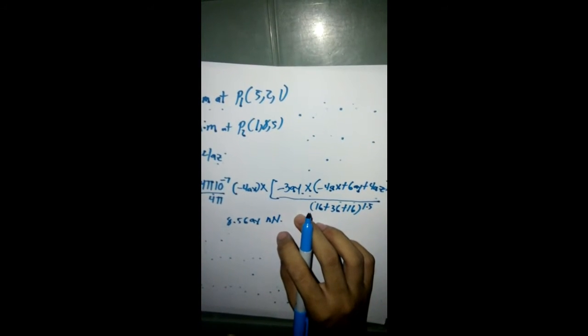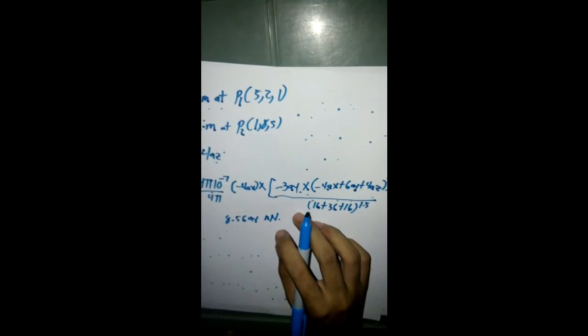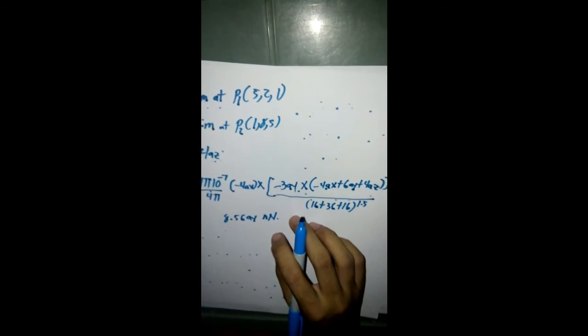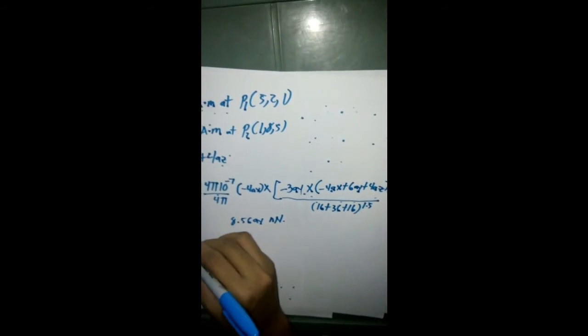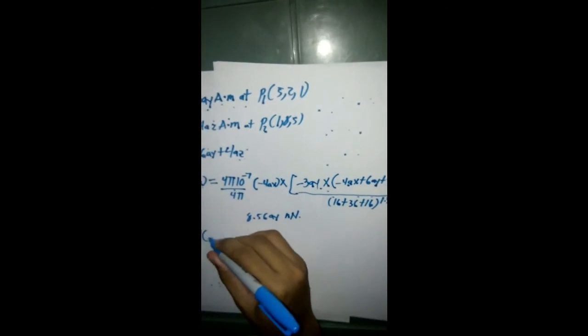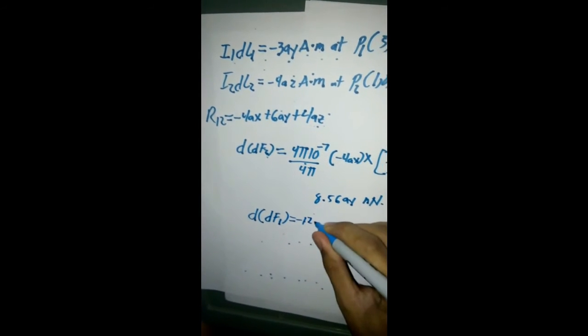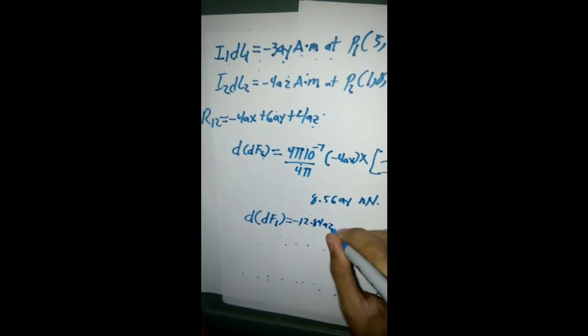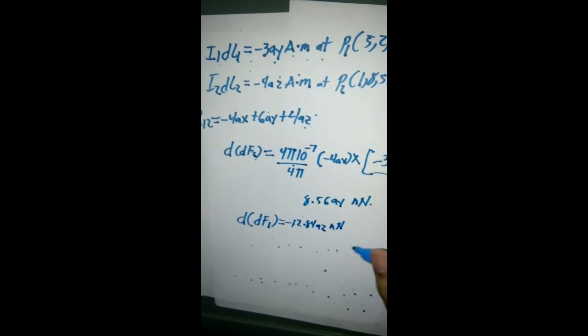Many chapters ago, when we discussed the force exerted by one point charge on another point charge, we found that the force on the first charge was the negative of that on the second. That is, the total force of the system was 0. This is not the case with the differential current elements, and dF1 equals negative 12.84 az nanonewton in the example above.